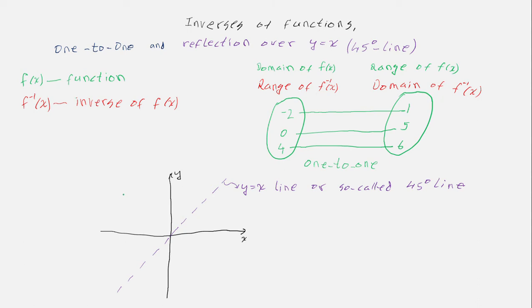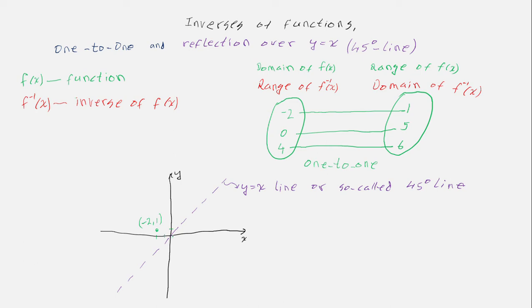Now if we are to graph these points, let's first graph the green ones, the original function. This one would be -2, 1, right? So -2, 1 will be right here. And then the next point would be 0, 5.